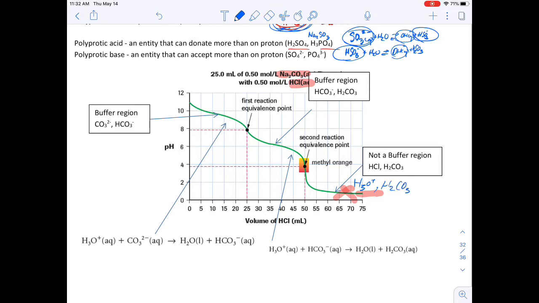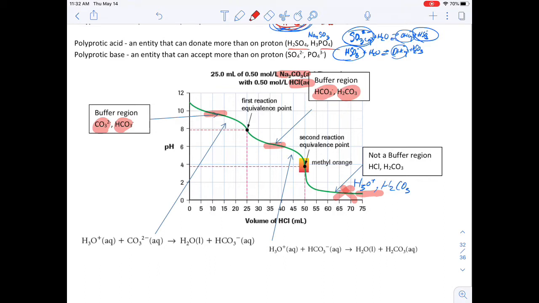But up here, this is a buffer region and this is a buffer region. They've flattened out the curve, and it has this weak base and its conjugate weak acid. Over here, it's got this weak base and its conjugate weak acid. And so those two are buffering regions.